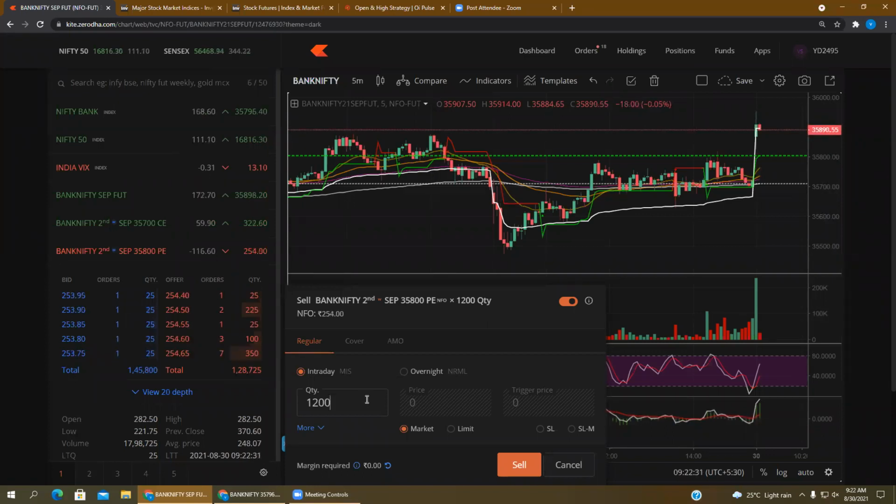Just looking for one down move. Yeah, Nifty is spiking up.